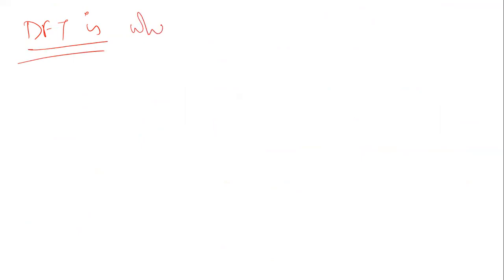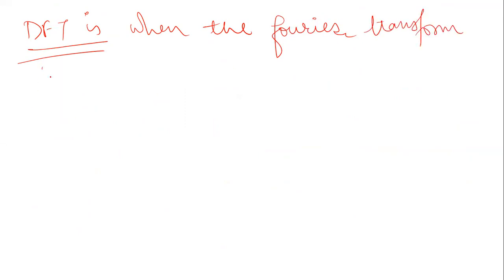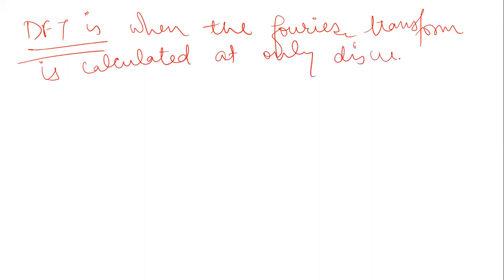It is when the Fourier transform is calculated at only discrete points. That means when you calculate the Fourier transform of any sequence at discrete points, then it becomes discrete Fourier transform. It does not remain DTFT.